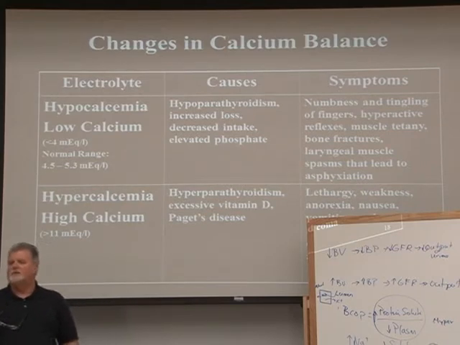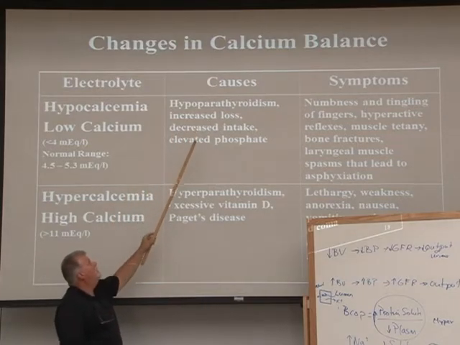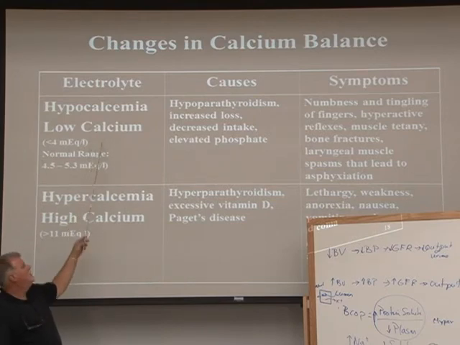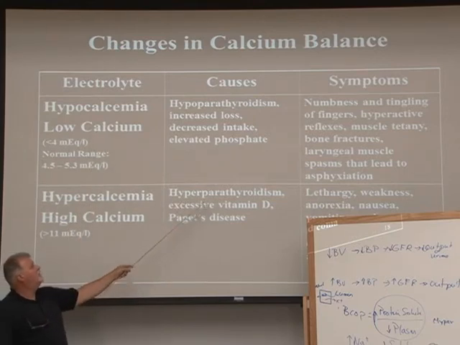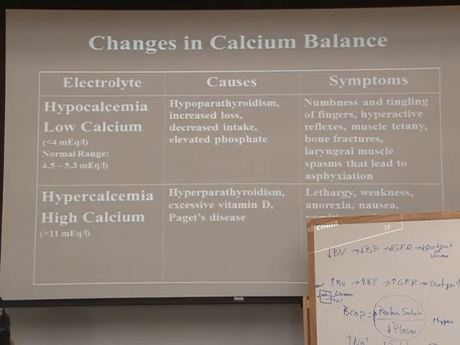We did that when we did bone. If you have a hypoparathyroid, you're going to have hypocalcemia. If you have a hyperactive parathyroid, you're going to have hypercalcemia. So the good news is hyper goes with hyper, hypo goes with hypo. That would be the major reason clinically you would probably see it.